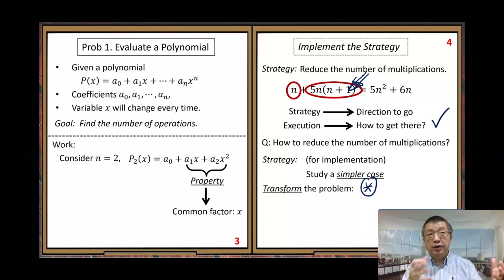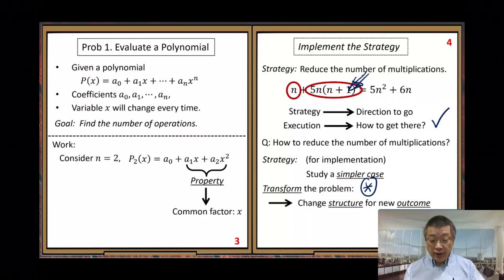You make a form change, but the value expression is the same as before, though the look could be different. That's the transform of the problem. Here, we use this kind of transformation to change the structure for a new outcome.